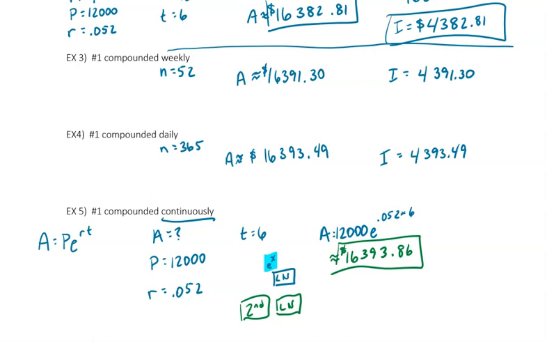All right, again, if we want interest, there's no difference in how interest is calculated, so we're still just going to be doing the 16,393 minus the 12,000 that we started with, and so we should get $4,393.86 for our interest.